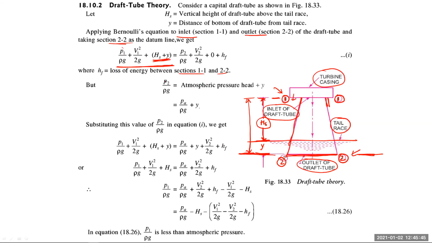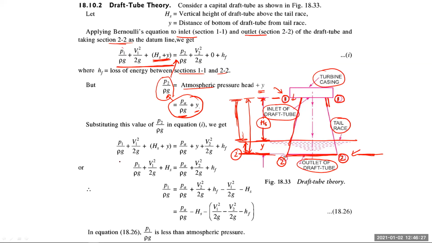Now at section 2, the pressure head is nothing but the atmospheric pressure head at this location, plus the pressure due to this liquid column, that is your Y. So we can write for P2 upon rho g: Pa upon rho g plus Y. Substitute this value for P2 upon rho g into the equation above.